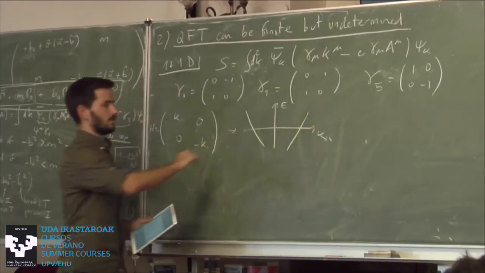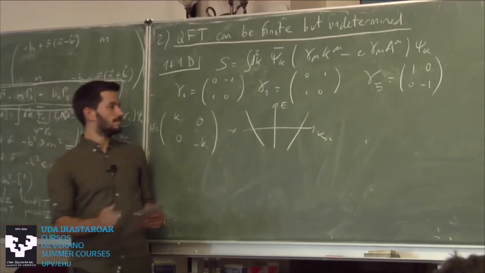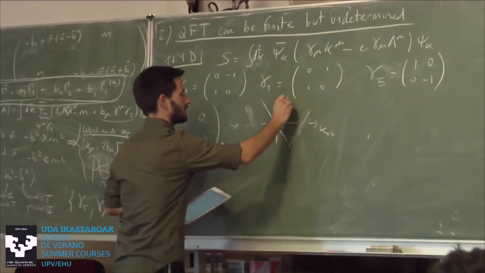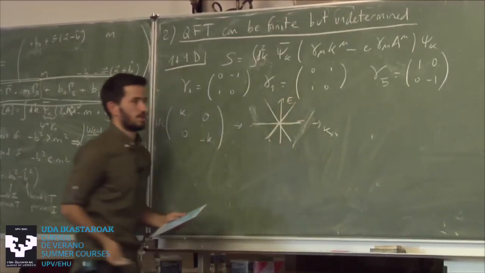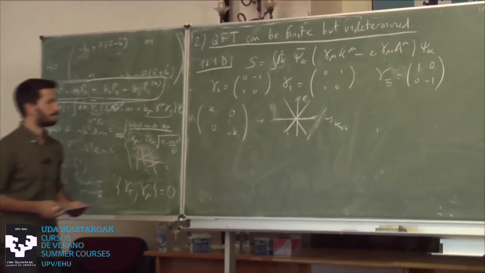Actually, I draw them separately, but they're at the same point in momentum space. So they're just two chiral fermions, one propagating to the left, one propagating to the right.